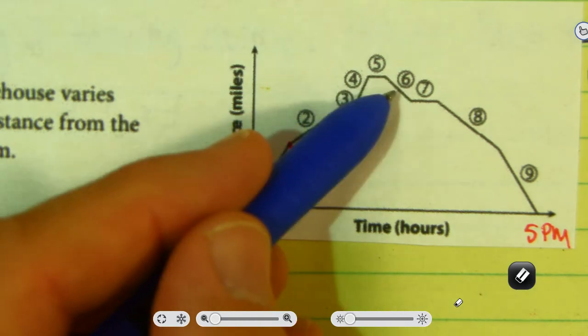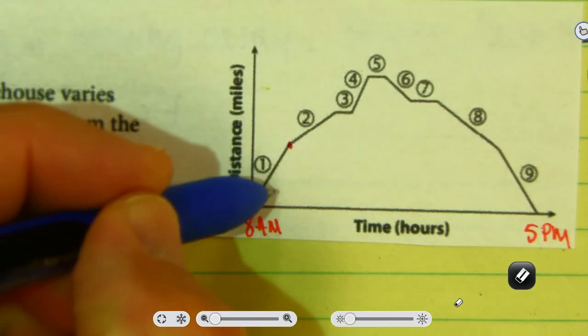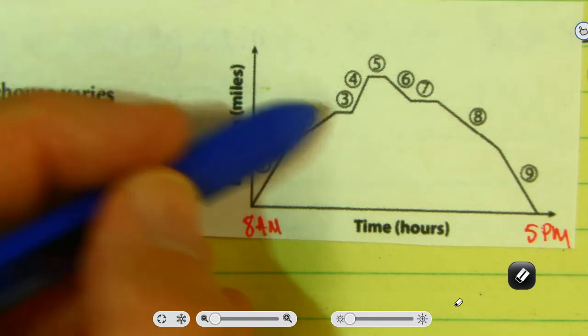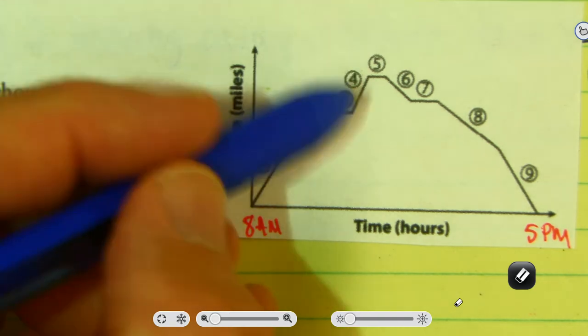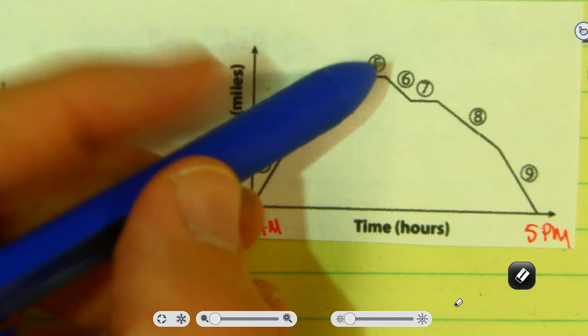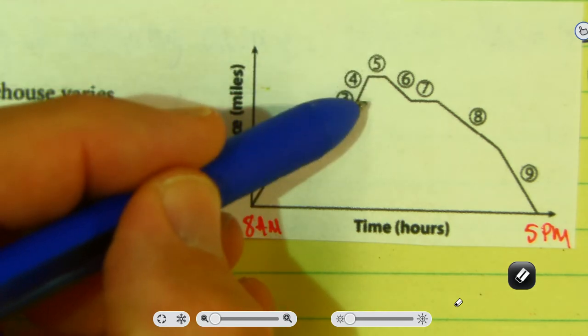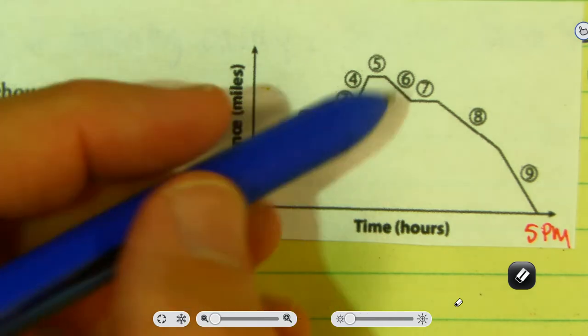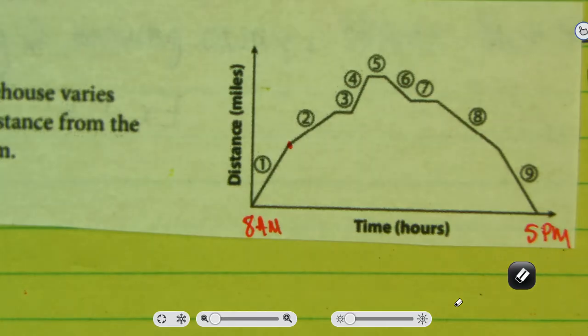In segment 1, I was moving away from the warehouse. Segment 2, I was moving away from the warehouse. Segment 3, I'm still. Segment 4, I'm moving away from the warehouse quite a bit quicker, probably the fastest so far. And then segment 5, I'm stopped again, but what's going on in segment 6? How am I moving?